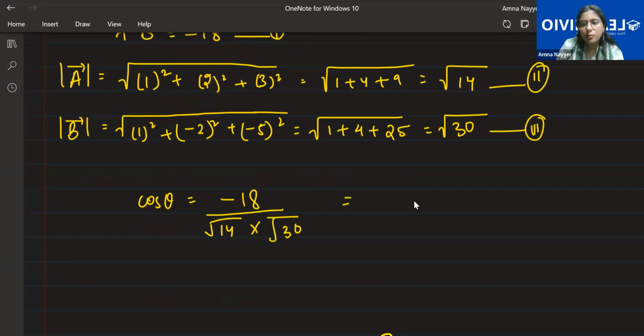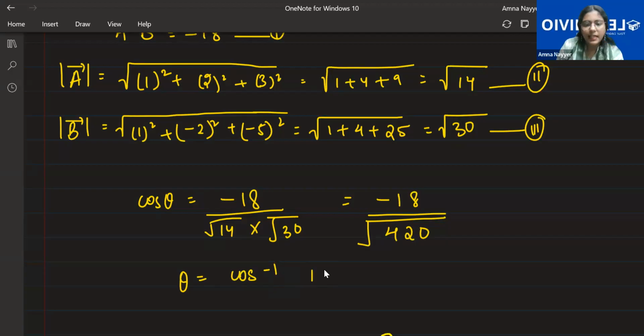So this is equal to minus 18 by root 420. So theta is cos inverse of minus 18 by root 420.